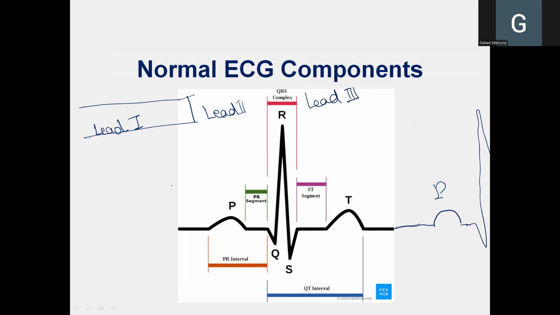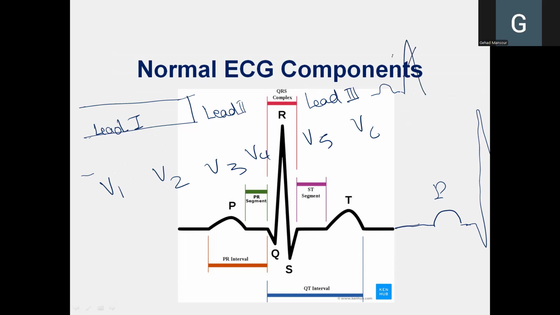And then afterward, we will find lead V1, V2, V3, V4, V5, V6. You will see the same tracings, by the way, but more or less different, meaning that in some tracing, like lead 3, you will not find, for example, a tall QRS complex.